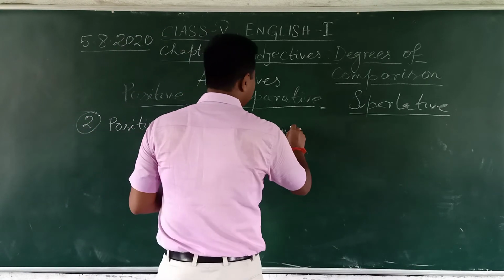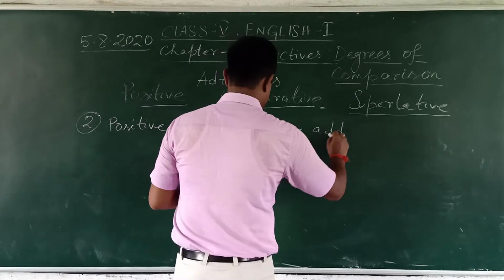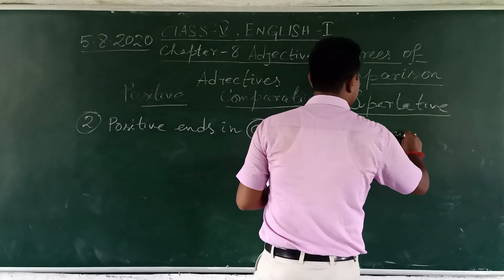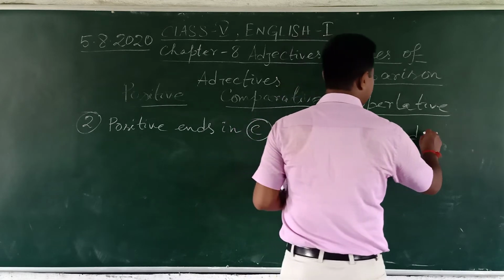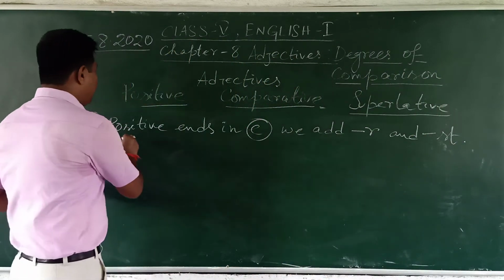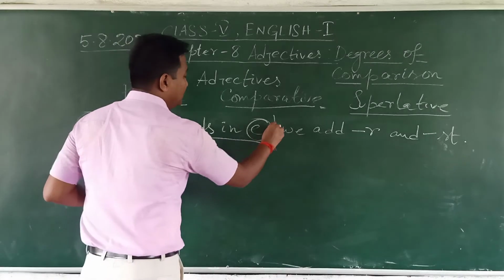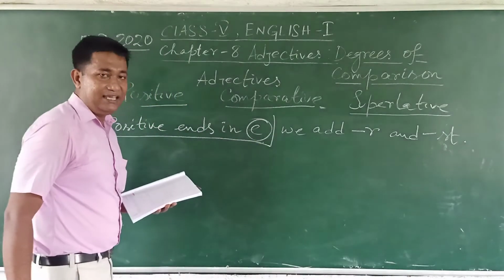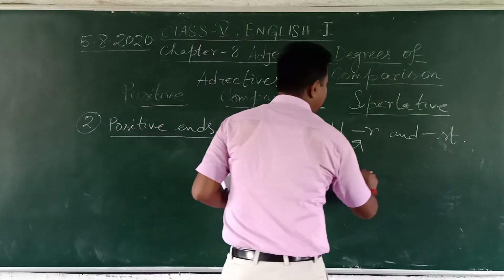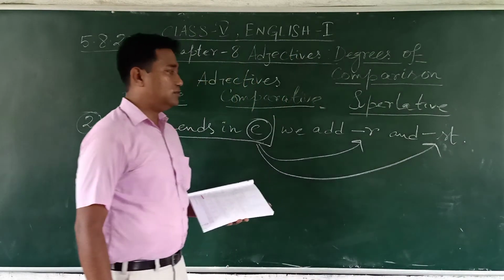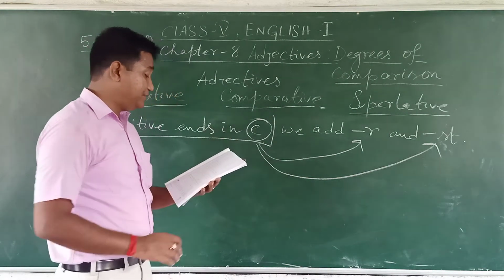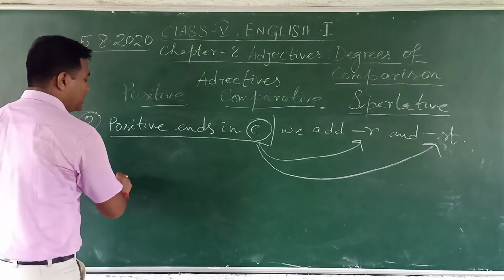We add only R and ST. If the positive word ends with E, then we are supposed to add R and ST. Now, brave. I am citing one example: brave.